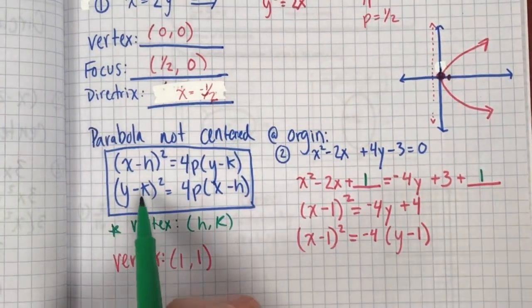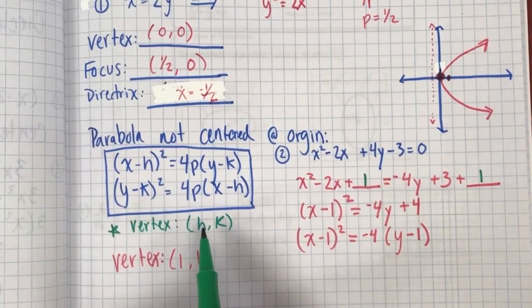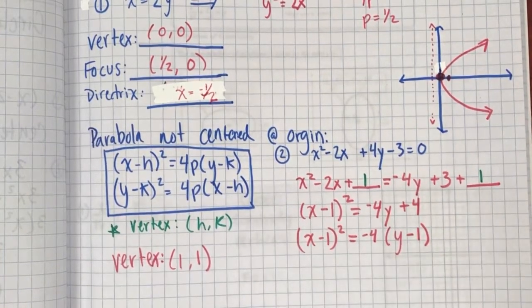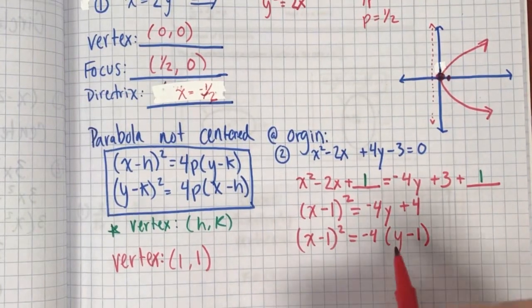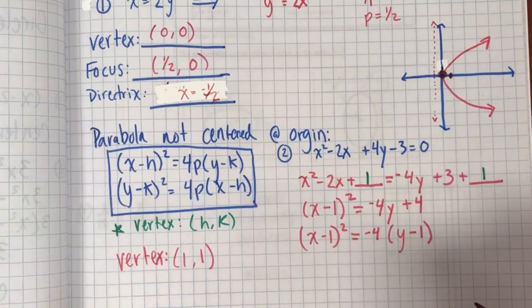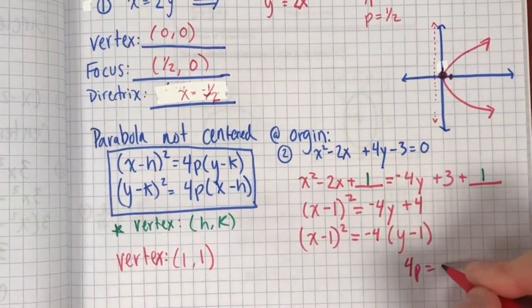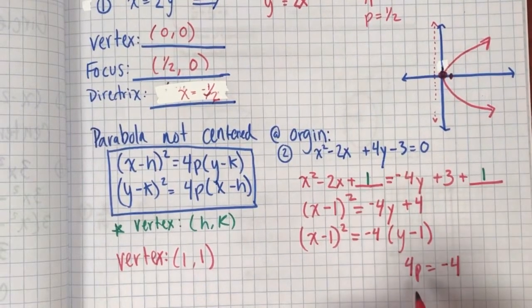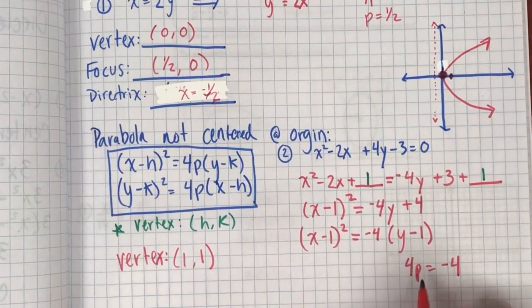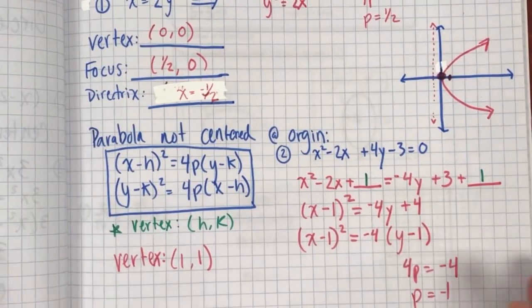So even if the k value is up in the front, just remember it's always going to be h and then k. All right, to find our p-value, we've got 4p equaling -4, and that's always how we're going to set this equation up. 4p equals something. So p equals -1.